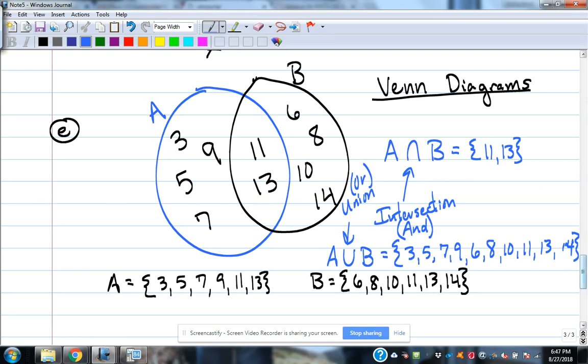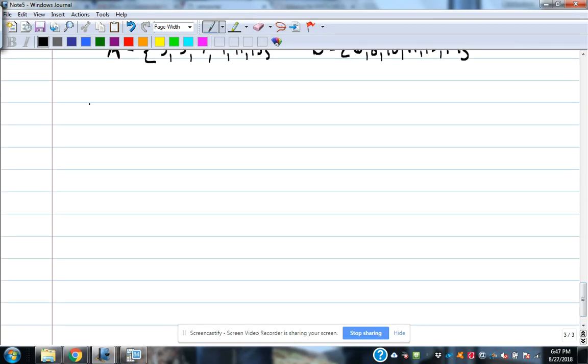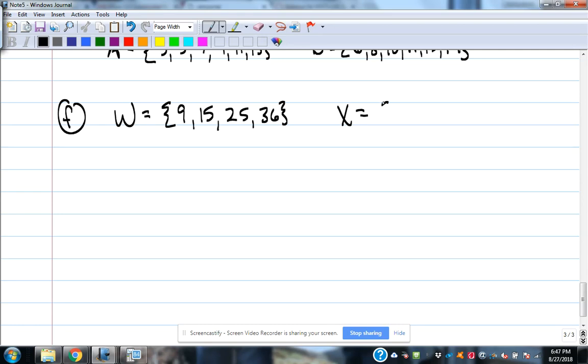Let's look at some sets that may not be written into a Venn diagram. Say we had set W: 9, 15, 25, 36. Set X: 15, 20, 25, 30, 35.